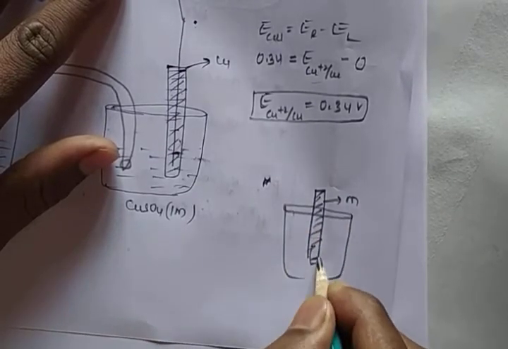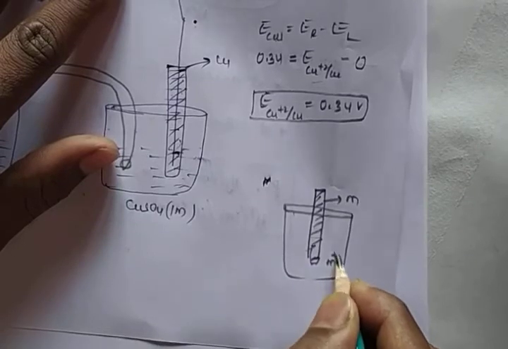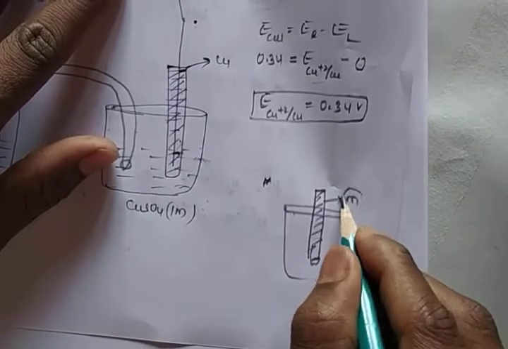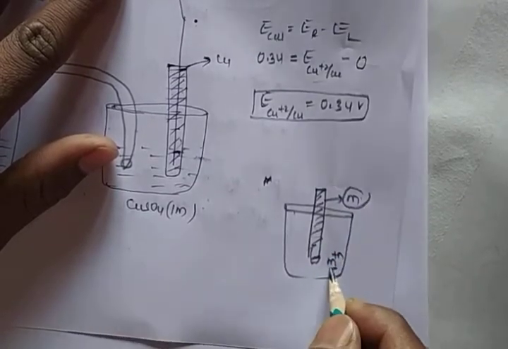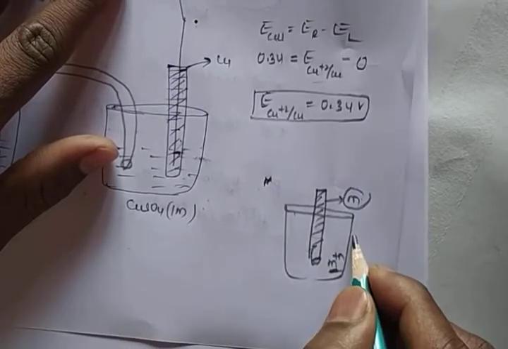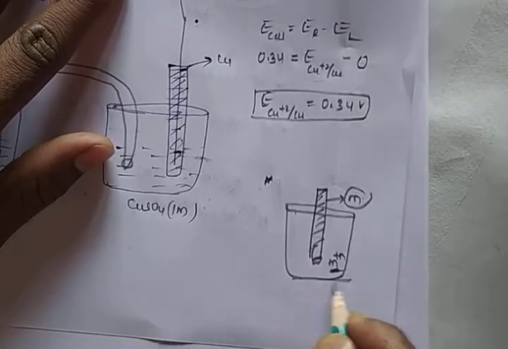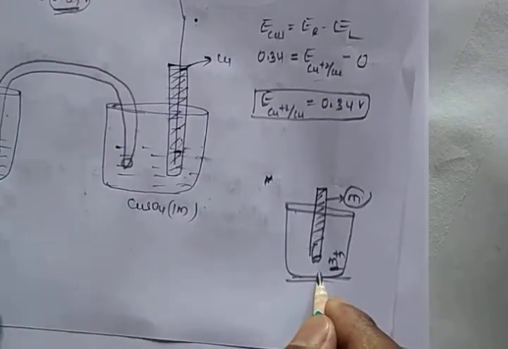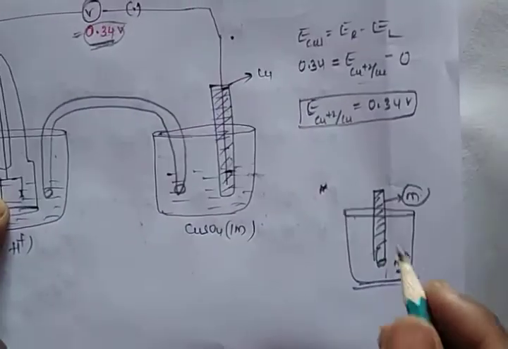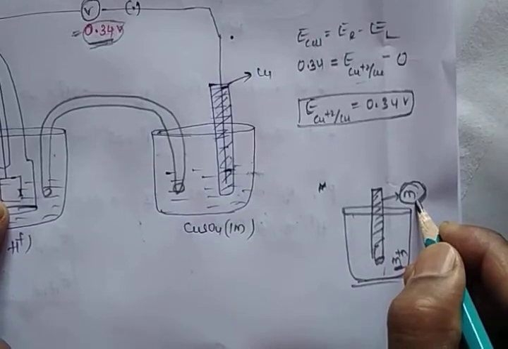That means it must and should containing M plus ions. The metal dipped in its electrolytic solution, it acts as a half cell. This is one half cell. This half cell, when it is connected with SHE, then we can measure its potential values.